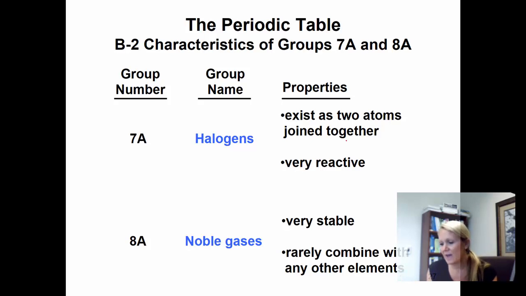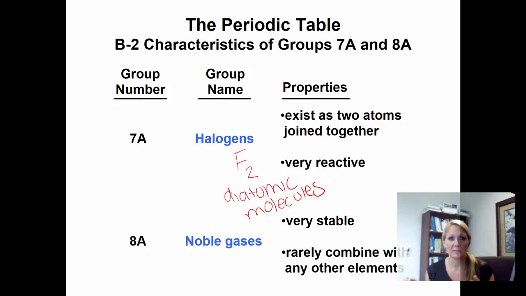They exist as what we call diatomic molecules, meaning the same element bonded to itself. And they are so reactive that they exist this way, and the reason that they are F2, not just F, is because it wants to be that way to be stable.